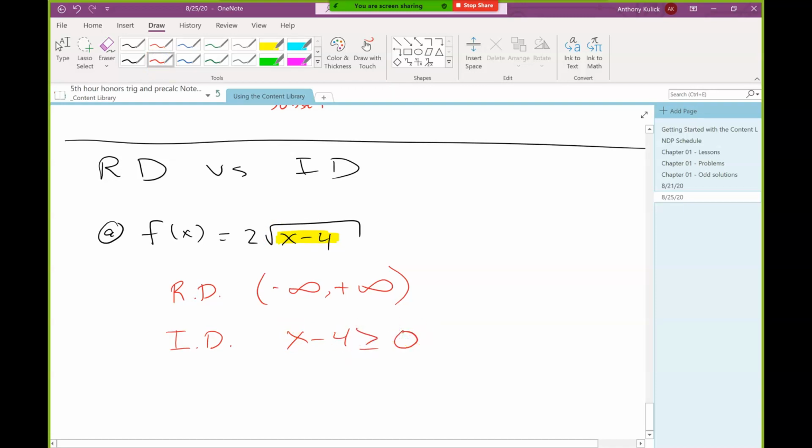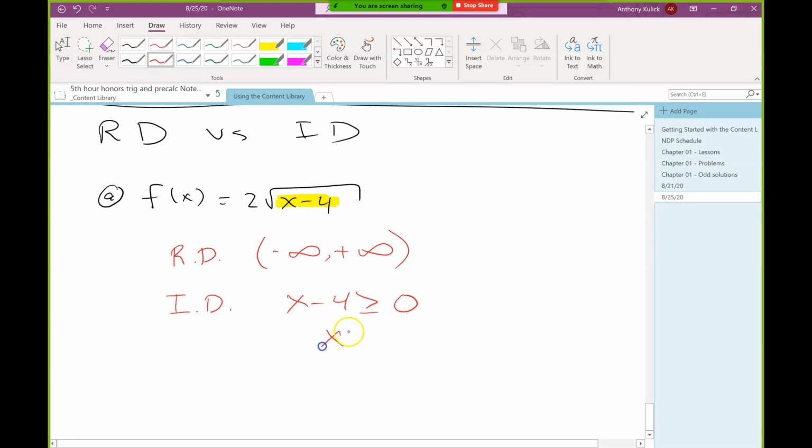We can take the square root of those things, but if they're negative, we can't. So the things that we care about have to be non-negative, greater than or equal to 0. So I can then solve this inequality just by adding 4 to both sides. And then I can translate this inequality into an interval. And there's my implied domain.